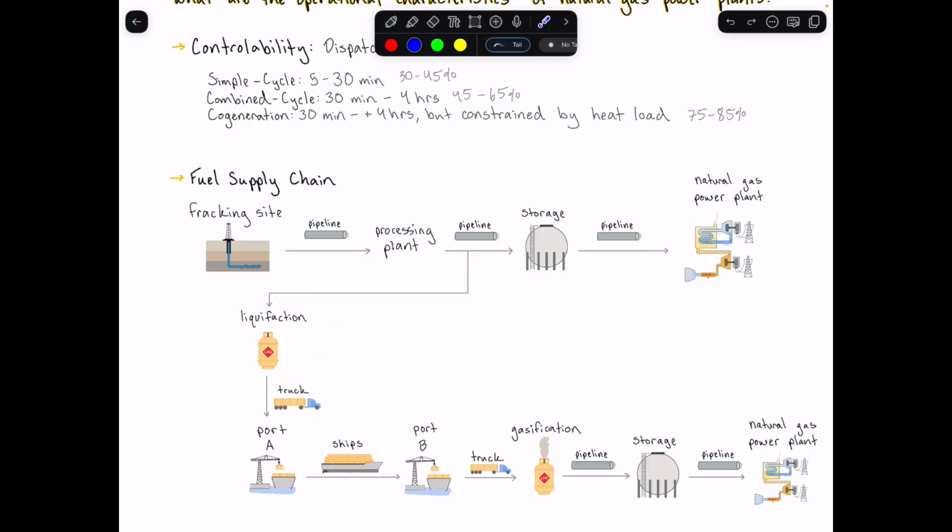And the liquefaction process is the process of cooling down the natural gas to negative 162 degrees Celsius or negative 260 degrees Fahrenheit. And this causes the natural gas to condense into a liquid, commonly known as liquefied natural gas.